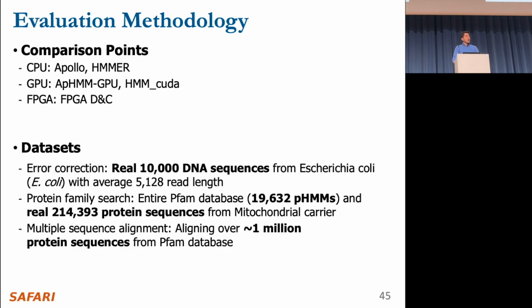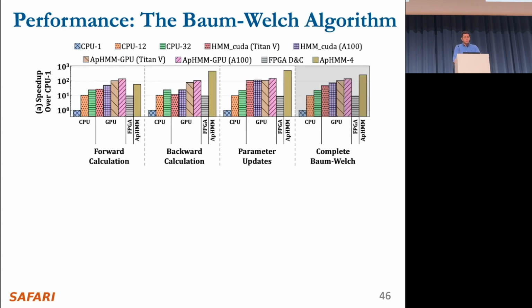And our data sets are real-world data sets. We use around 10,000 real DNA sequences for error correction. And we use thousands of PHMM graphs and thousands and millions of protein sequences to perform really costly protein sequence similarity search for the important workloads. So I'm first going to show you the acceleration of the main kernel, which is the Baum-Welch algorithm over here.